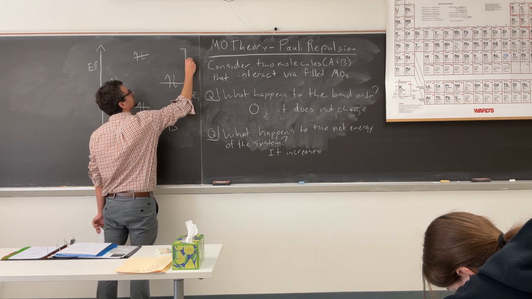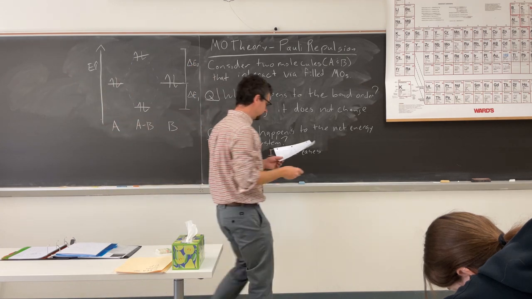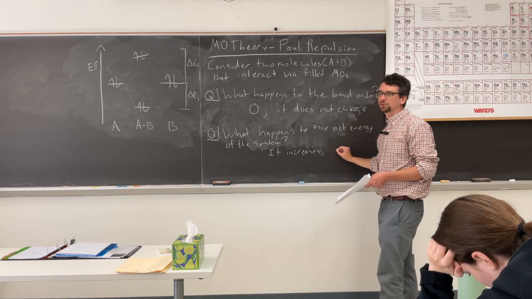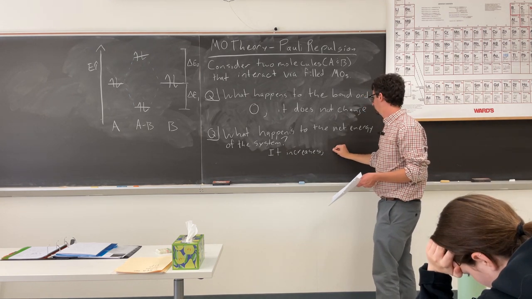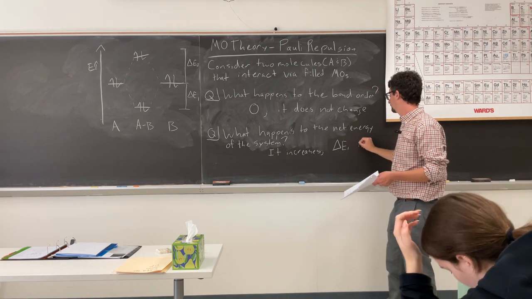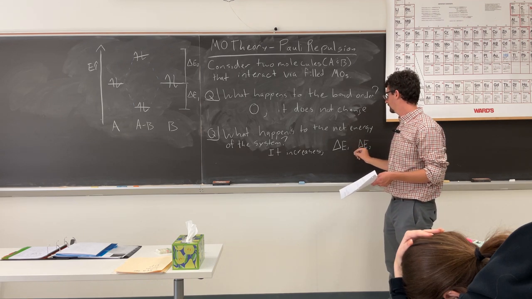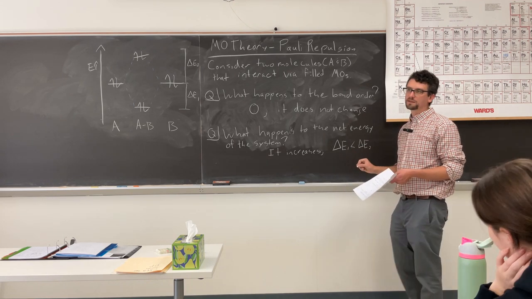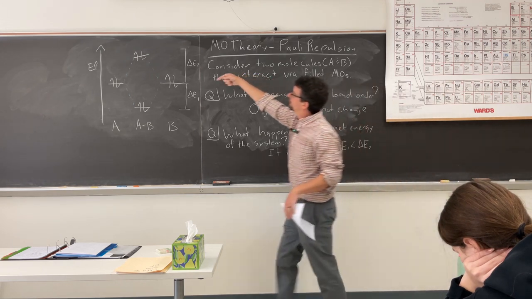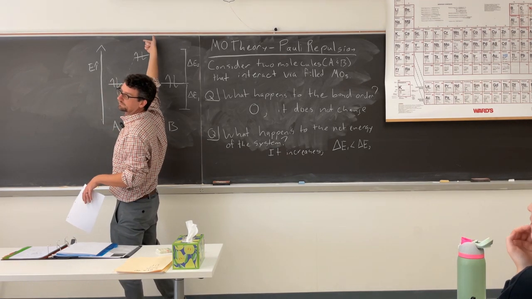And this distance is delta E2. What always has to be true about the relationship between delta E1 and delta E2, at least for this system? Which one's smaller? Yep. Always less. So if these guys keep overlapping, this energy gets way more destabilized, right? And it's unfavorable.